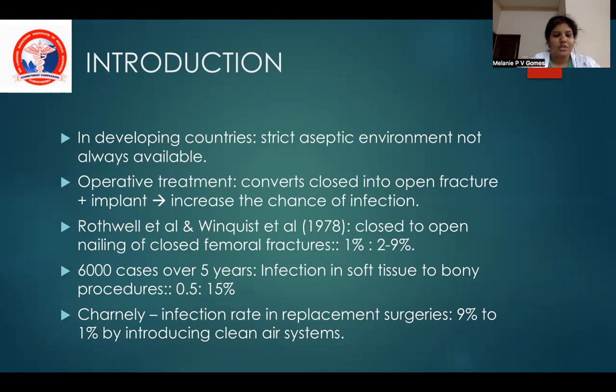An analysis of 6,000 operated cases over a period of 5 years showed that 0.5% occurred in soft tissue procedures, whereas the infection rate in bony procedures was 15%. Charnley brought down the infection rate in replacement surgeries from 9% to 1% by introducing clean air systems.